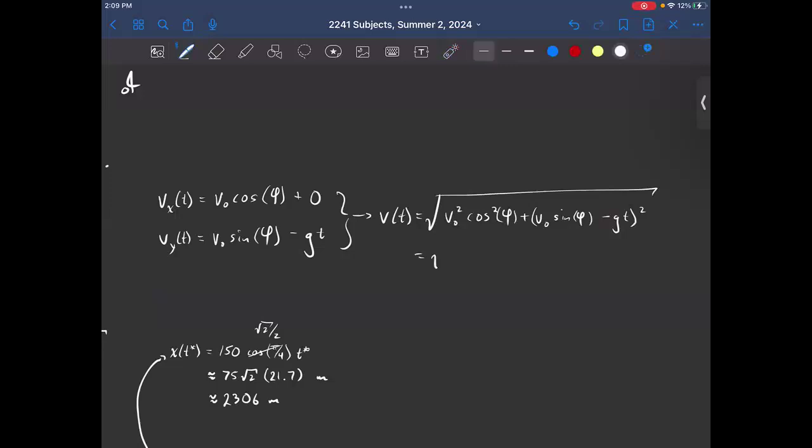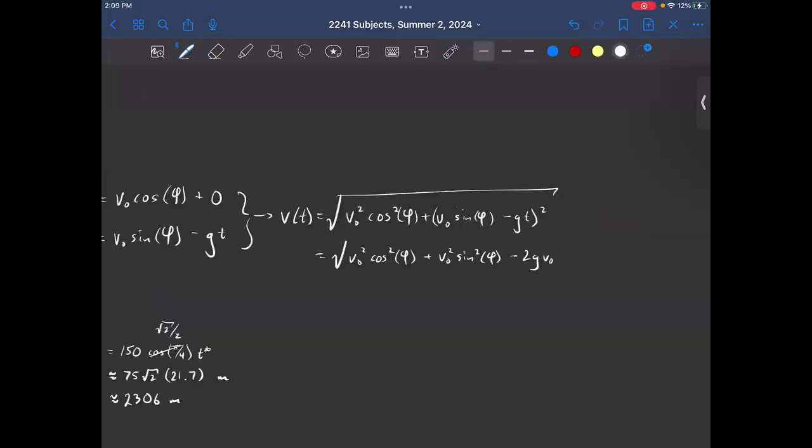And this should give us, let's see, v0 squared cosine squared plus v0 squared sine squared minus 2g v0 sine of phi times t. And last, plus g squared t squared.